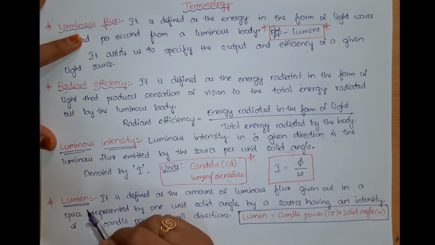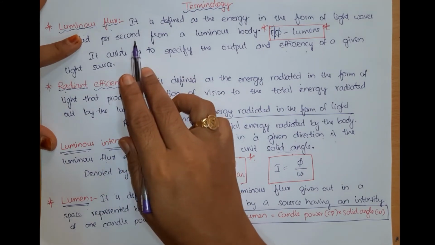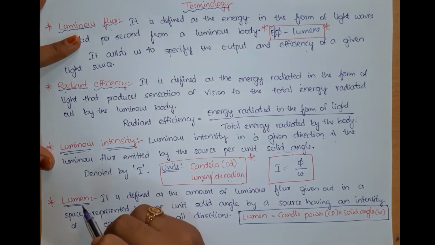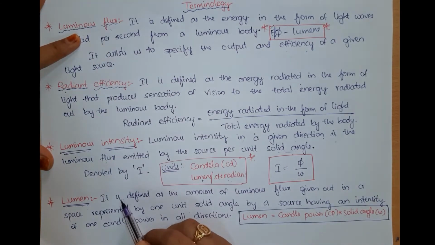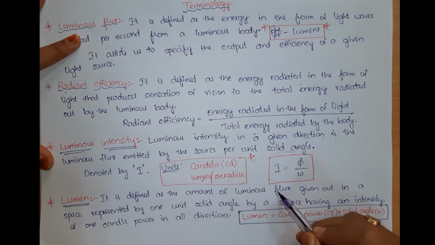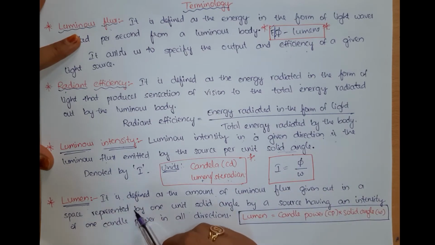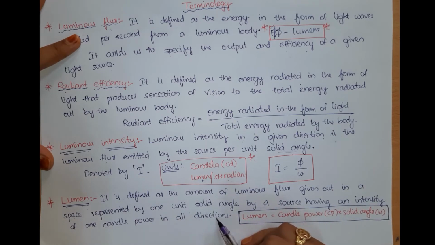Now coming to lumens, which is a unit of luminous flux, right? So how is it defined? It is defined as the amount of luminous flux given out in a space represented by 1 unit solid angle by a source having an intensity of 1 candle power in all directions.